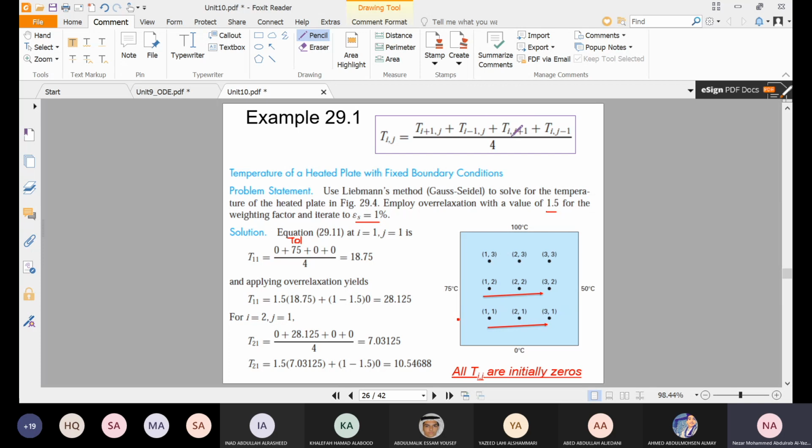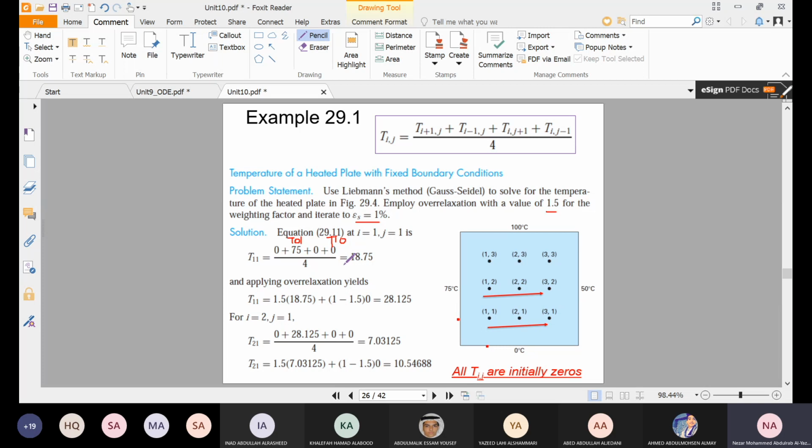This one is 1, 2, which is 0. This one is 1, 0, but this is also a boundary, and it is 0, so we substitute by 0. So now this is the value of T11.